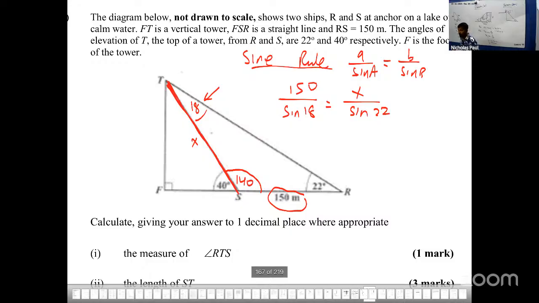That's okay? Then you what? Two fractions and you cross multiply. So you will get x sine 18 is equal to 150 sine 22.